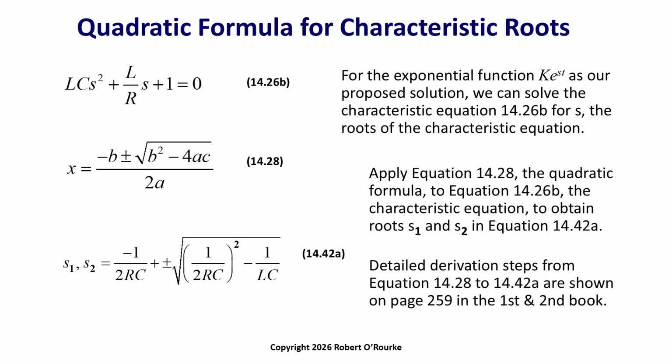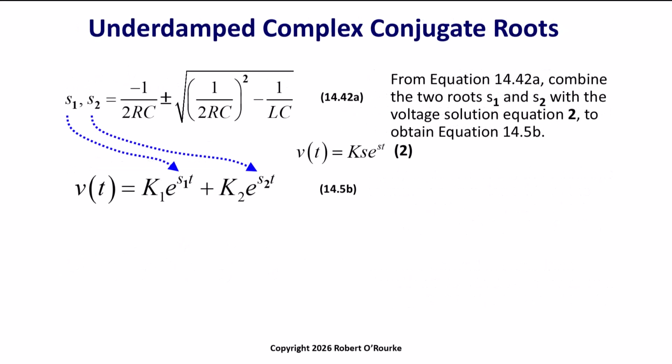To solve equation 14.26b for S, apply the quadratic formula in equation 14.28 to equation 14.26b to obtain equation 14.42a for the roots S1 and S2. Equation 14.42a shows the characteristic roots.